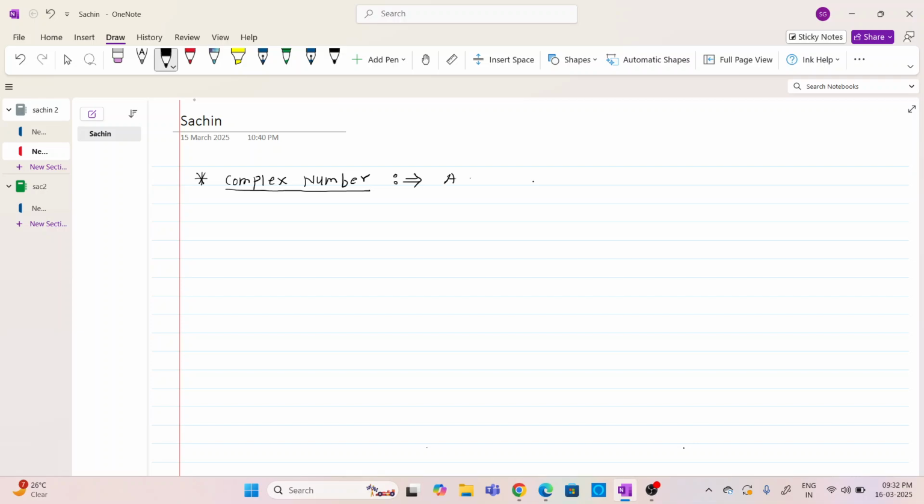A number which occurs in the form of x plus yi is called a complex number.